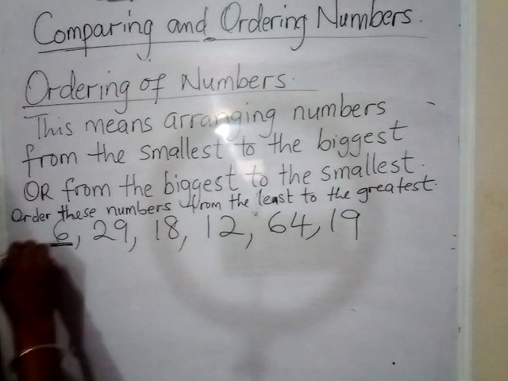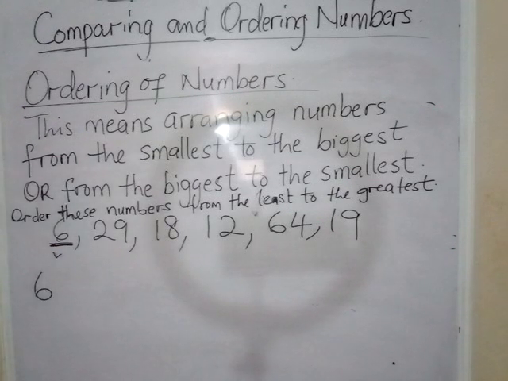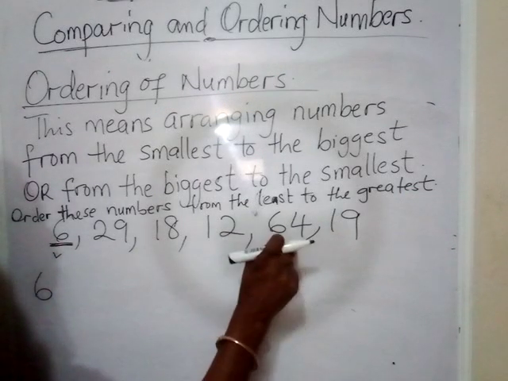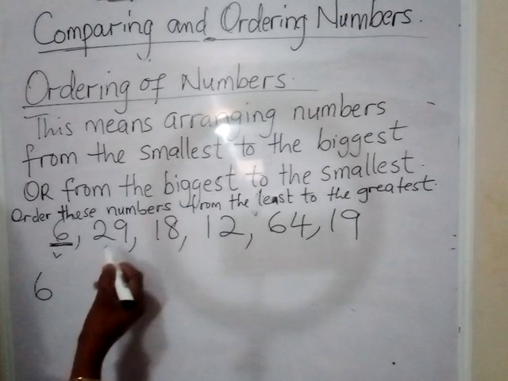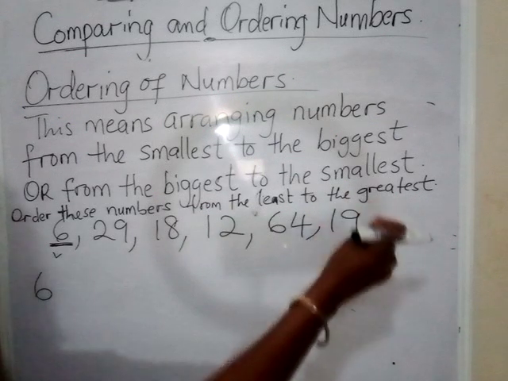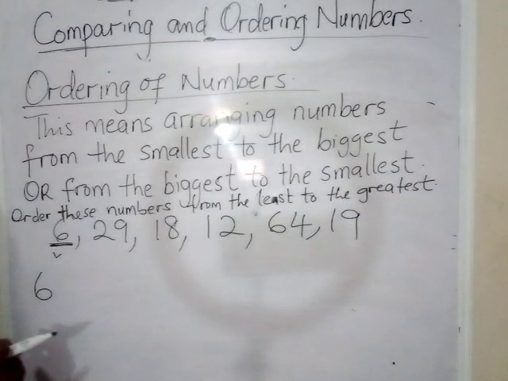Now after 6, let's write 6 down here, okay? We have 29, 18, 12, 64, and 19. Let's look at these numbers. Remember, these are all 2-digit numbers. The digits to the right are in the units position, while the ones to the left are in the tens position.